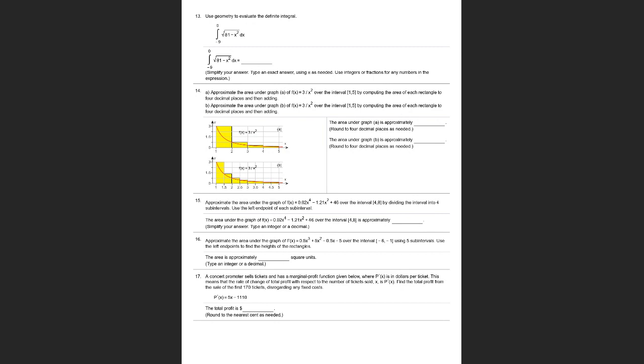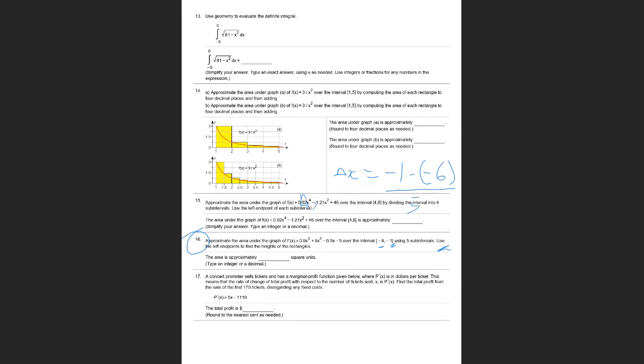So in number 16, the upper bound is -1, the lower bound is -6, therefore delta x is equal to -1 minus 6. And how many subintervals? I am told that I should use 5 subintervals, so n is equal to 5.